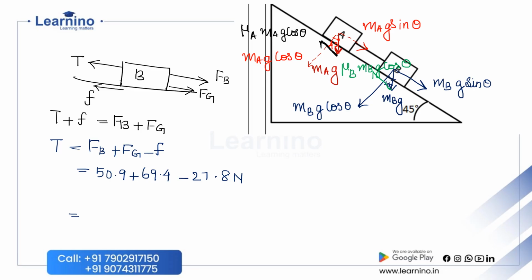The sum will be 120.3, and the force due to friction is 27.8. If you subtract that, you will get 92.5 Newton as the tension in the bar.